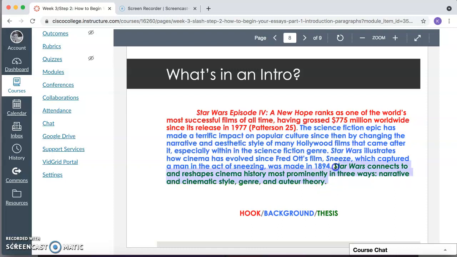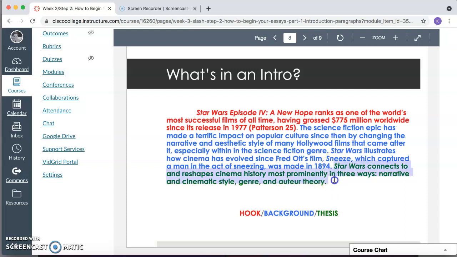Finally, we get to the thesis statement, which is the main idea statement boiled down to a single sentence. Star Wars connects to and reshapes cinema history most prominently in 3 ways: narrative and cinematic style, genre, and auteur theory, whatever that is. This was a film class essay. So film class readers would know what auteur theory is.